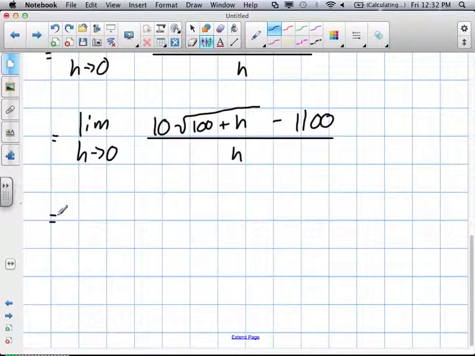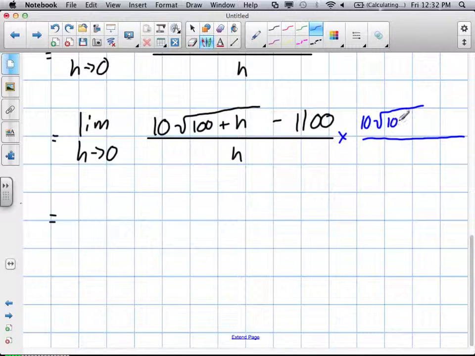Again, what we have here is a radical function. In order to keep moving from here, we have to go over what we did in 1.1. We're going to have to rationalize. In this case, it's not a denominator, it's a numerator. So to rationalize the numerator, we use the conjugate of it.